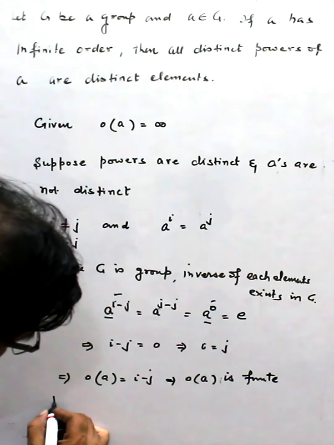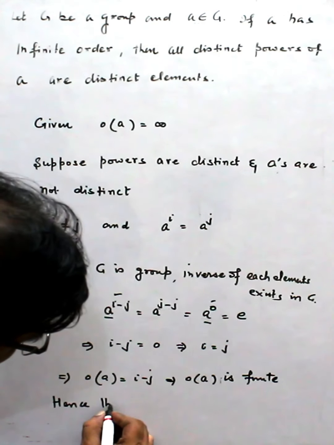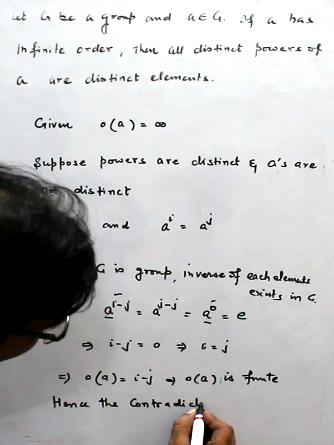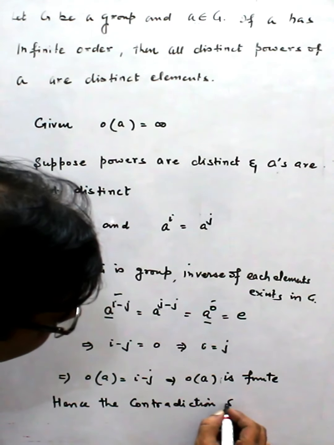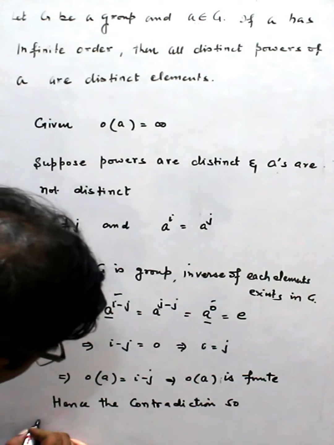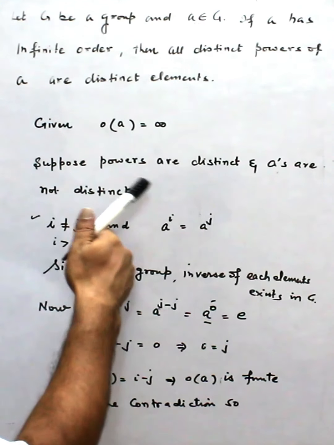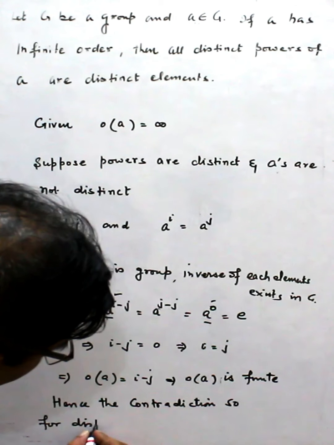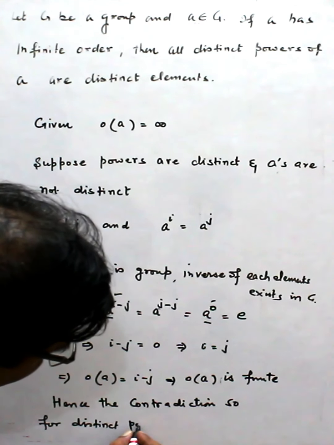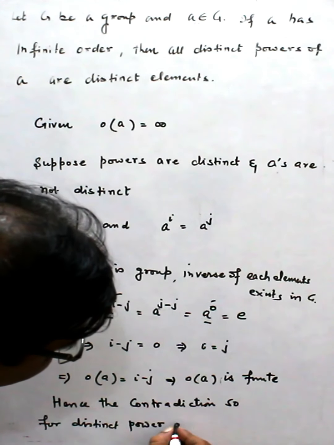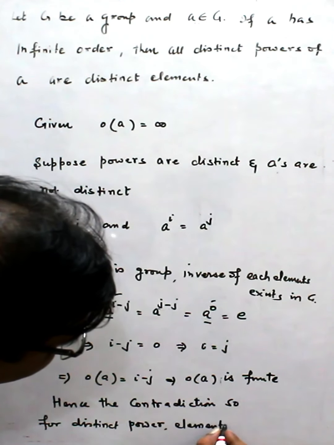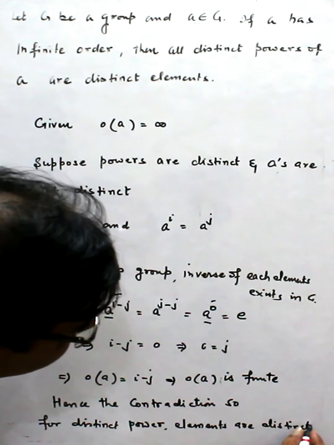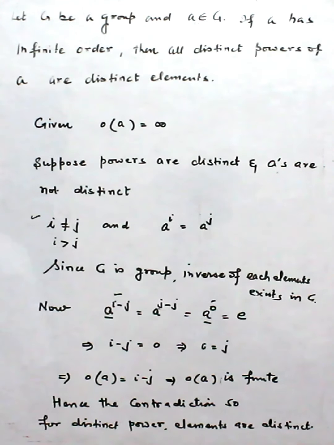So, as the contradiction, for distinct powers, the elements are distinct, right? This is the result.